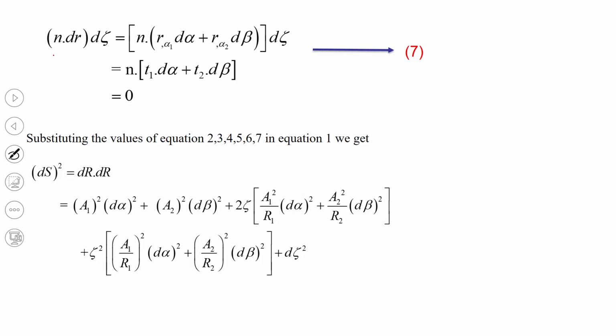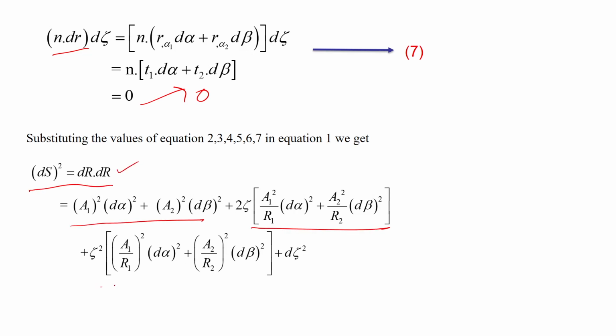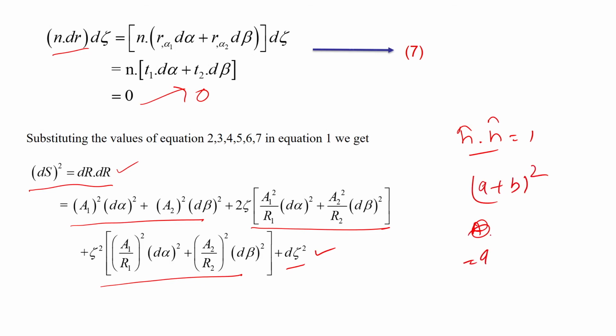Then n dot dr, so already we have said that this is 0. So, now we can replace all the things from dr, from the three contributions, and n hat dot n hat gives you 1. So, this is the zeta contribution. Now, further mathematically simplify, like in a plus b whole square can be written as a square plus b square plus 2ab.